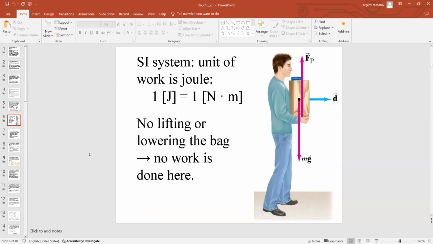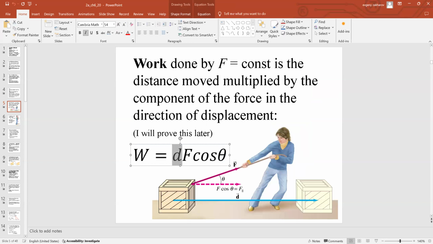Okay, another option. You carry a bag of groceries and gravity pulls downward on the bag and you support the bag with your hands, the force of push against the gravity, and you carry it horizontally, so displacement is perpendicular to both forces. Check this out. It is the displacement times the force and the cosine of the angle.